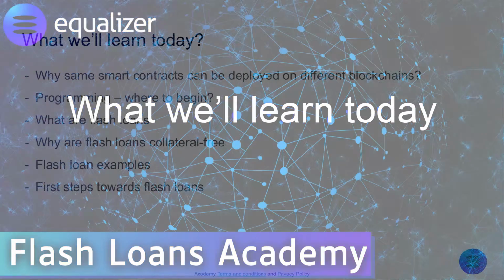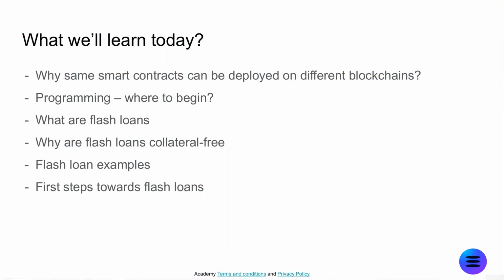First, why the same smart contracts can be deployed on different blockchains. In order to understand that, we'll try to make a comparison with blockchain and a regular computer or smartphone. Then I will present you some basic topics about software development and programming. So where to begin? For those who know where to begin, you're always welcome to help those who want to start.